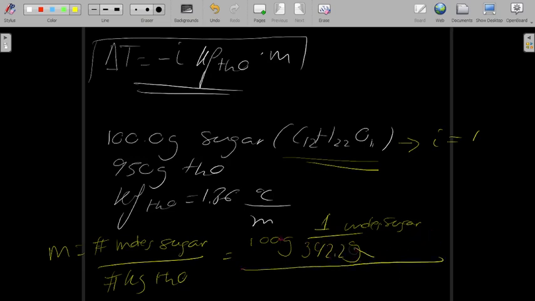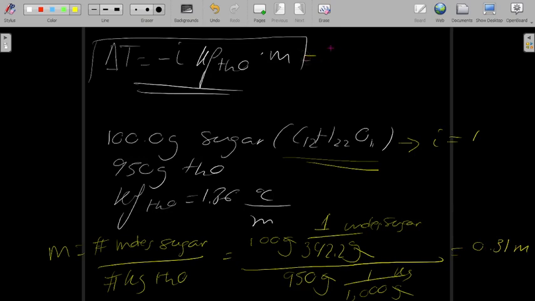The grams are gone. I'm going to be left with moles of sugar. And do I have kilograms of water? No. I have 950 grams. I need to translate it into kilograms. Grams to kilograms, 1,000 to 1. So grams are gone, and now I have the right units. 0.31 molality is my molality.